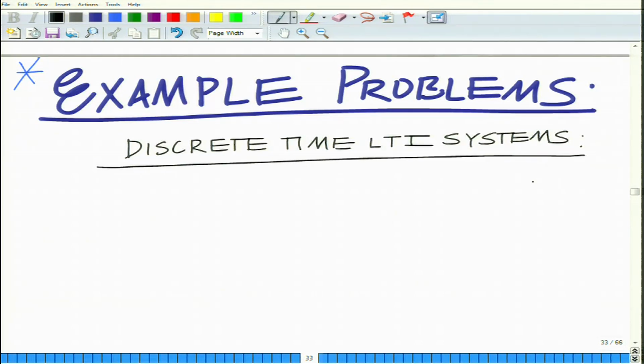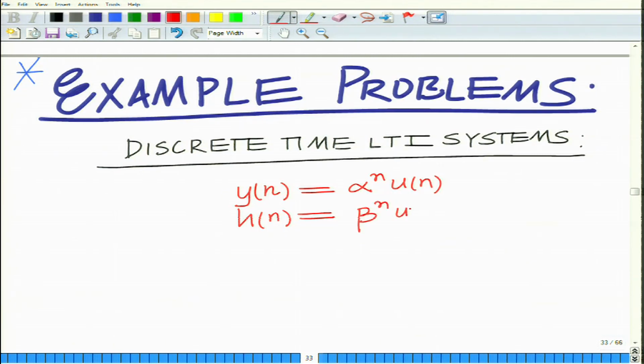So, in discrete time systems, let us say we have an input x[n] equals alpha to the n times u[n], and we have an impulse response h[n] that is given as beta to the n times u[n], where u[n] is the unit step function or the unit step signal.